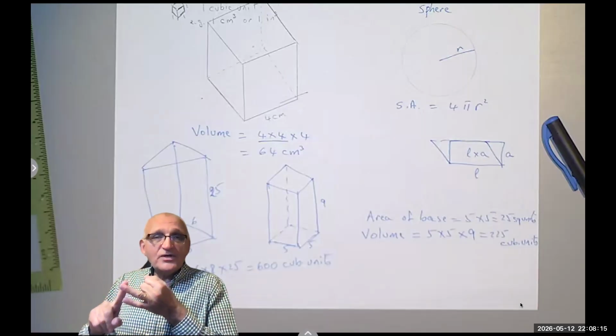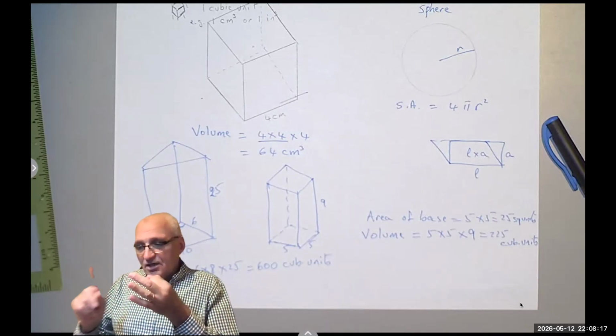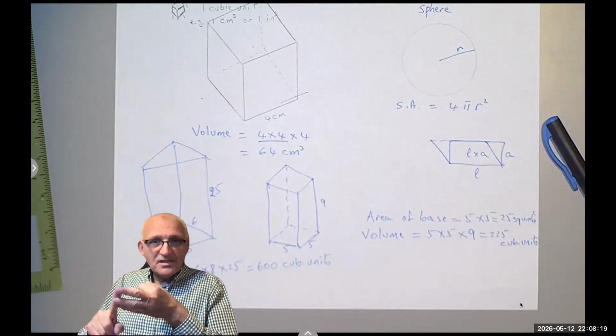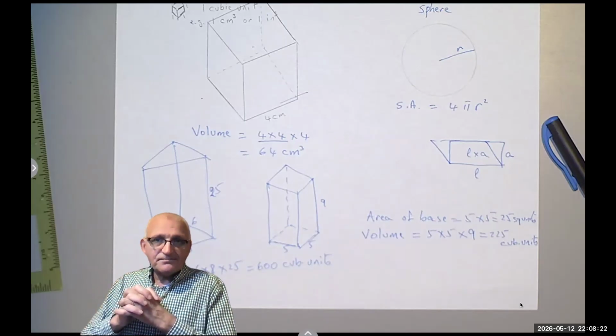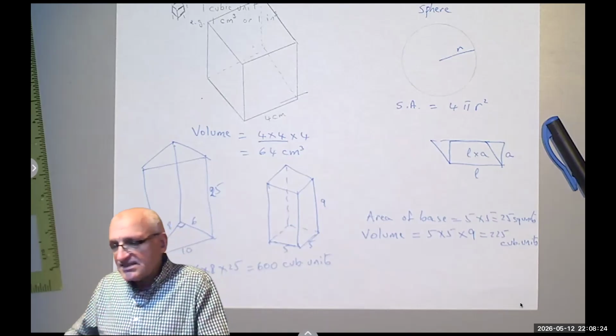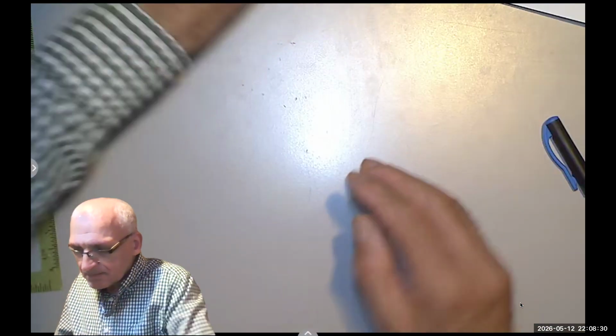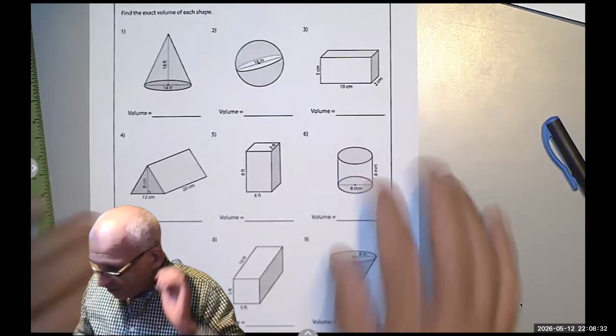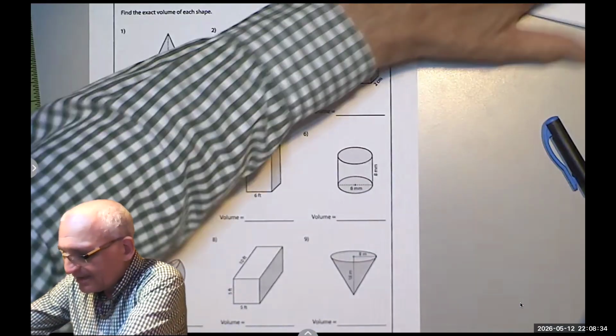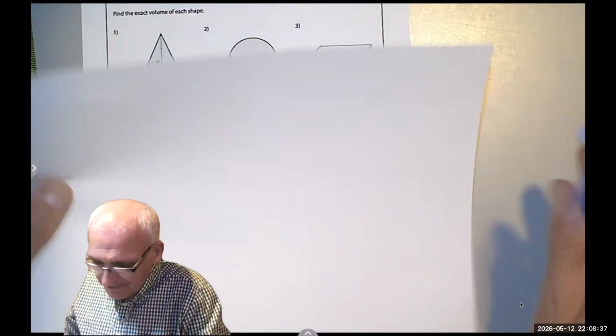That leaves us with a cone, also a pyramid, and finally a sphere. So let's see those. I printed a page from a website, and it has all these shapes. So let's write down the volume of the shapes.